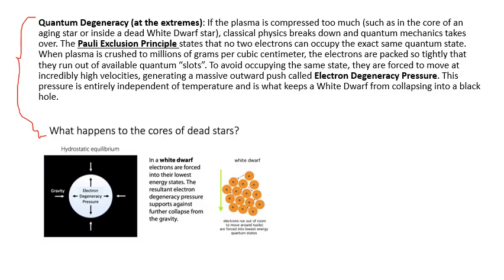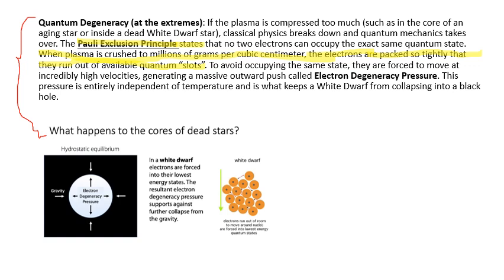So this is an important line, that when plasma is crushed to millions of grams per cubic centimeter, at the end stage of the star, the electrons are packed very tightly and there is no space for them, and the Pauli exclusion principle denies them to stay in a place where the quantum states are exactly similar.